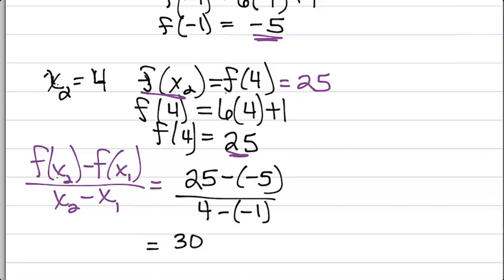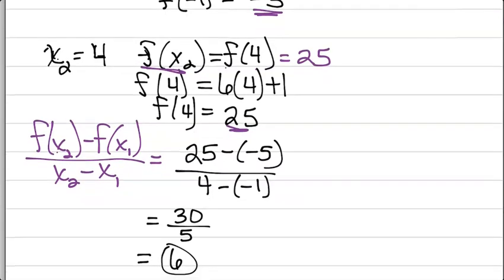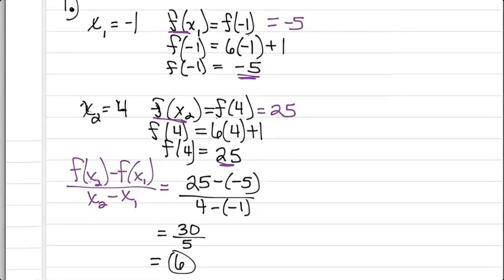And 4 minus a negative 1 is a 5. And 30 over 5 we can clean up to a 6. So the average rate of change for that first one is 6. So see, it's just complicated things that they're calling it, but it's really simple if we can remember how to do our slope.